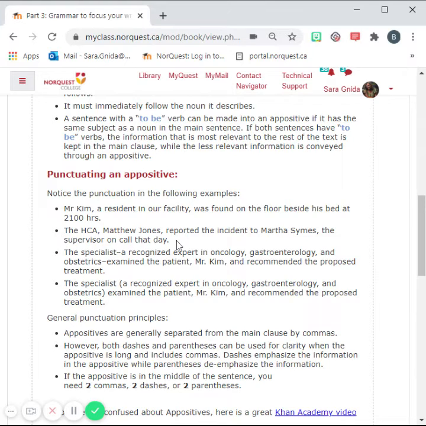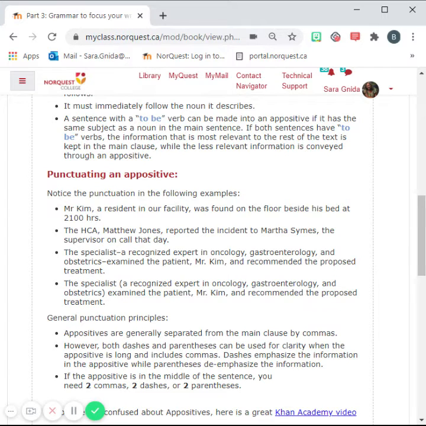The HCA, Matthew Jones, reported the incident to Martha Symes, the supervisor on call that day. Here we get the information that the main idea is that the HCA reported the incident to Martha Symes. That's the key information. The other details are added in as less important details.